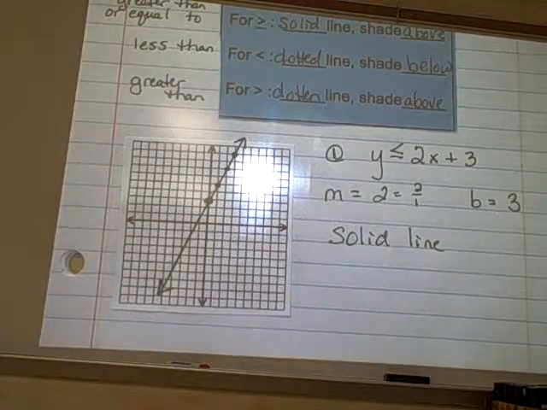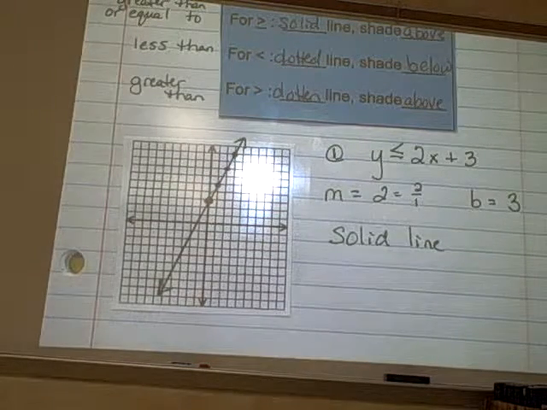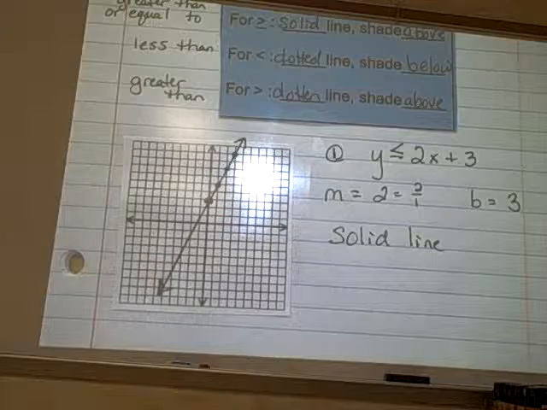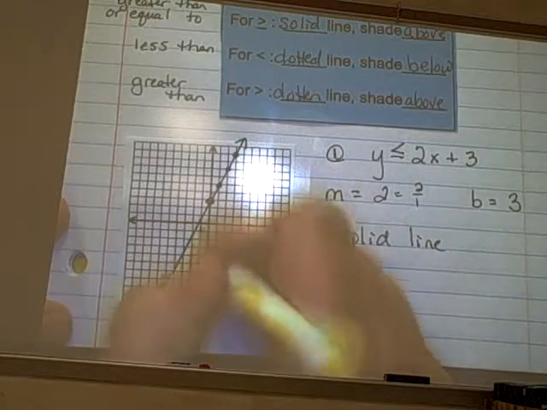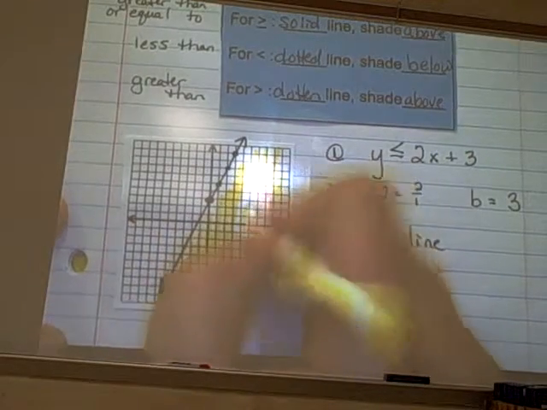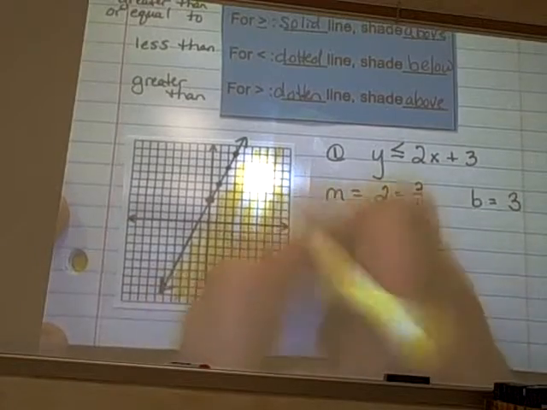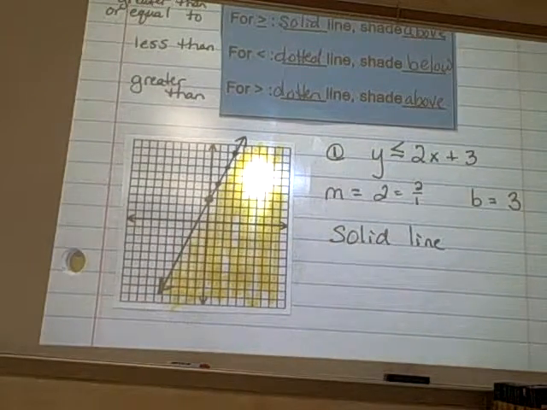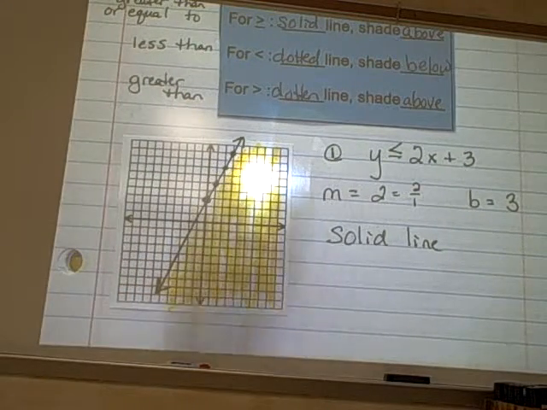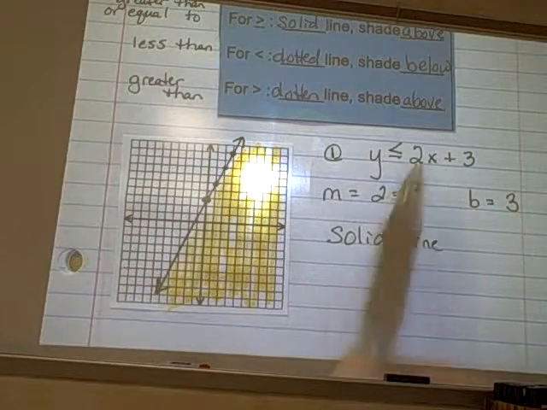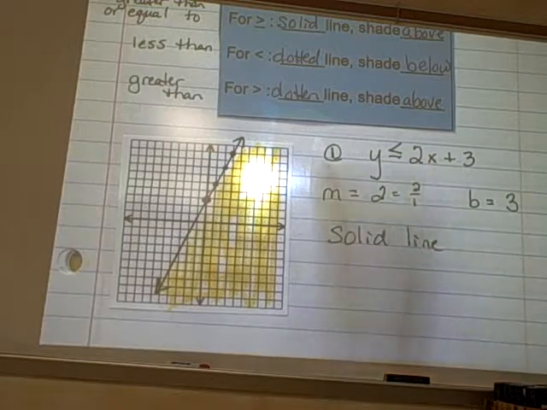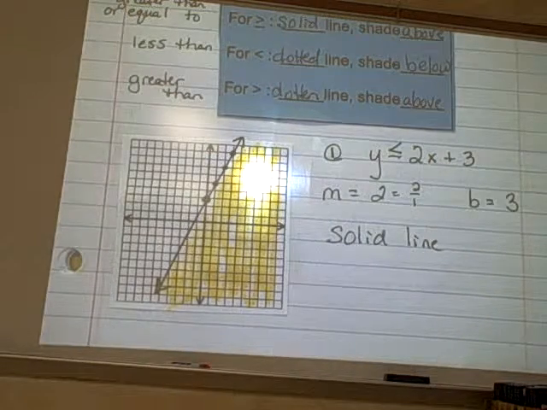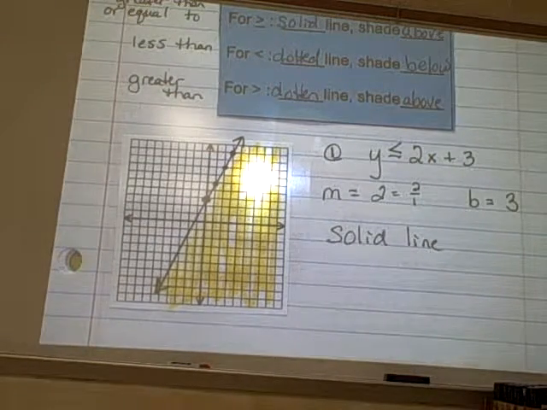Solid line, and it's less than, so we're going to shade below. So all of this is included. What that means is if I pick any point on the line, because it's solid, or in this yellow area, I can plug that point in here and it makes that true. So I kind of like the color. So get yours shaded in.